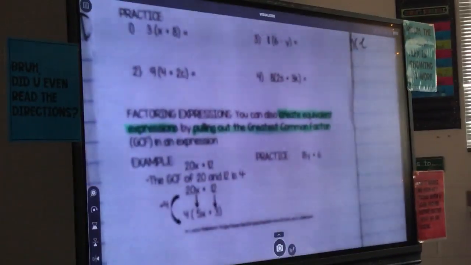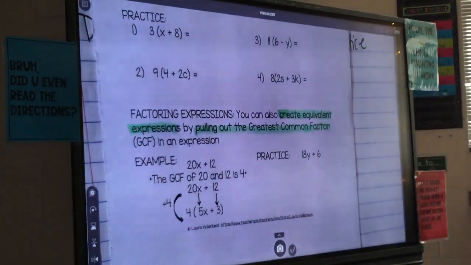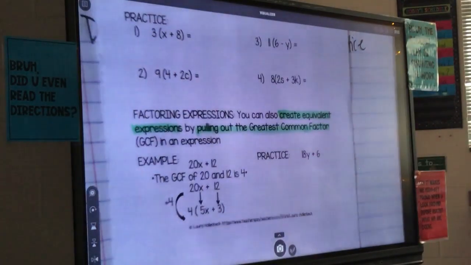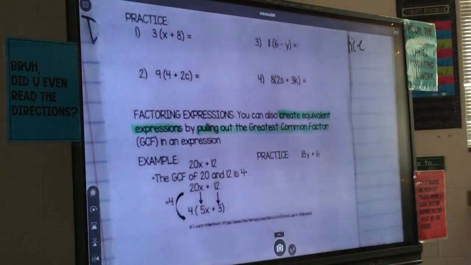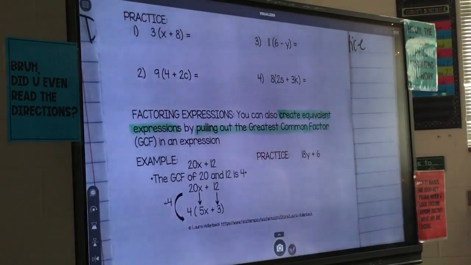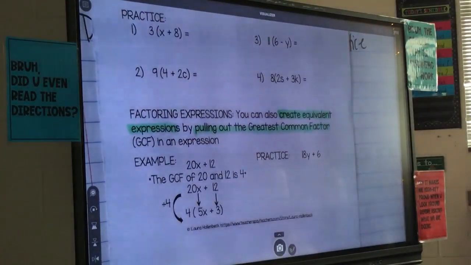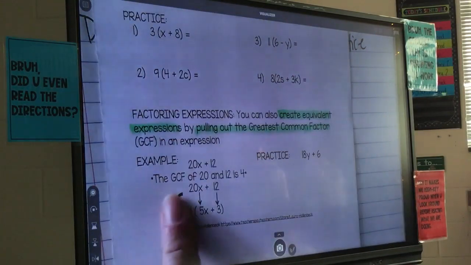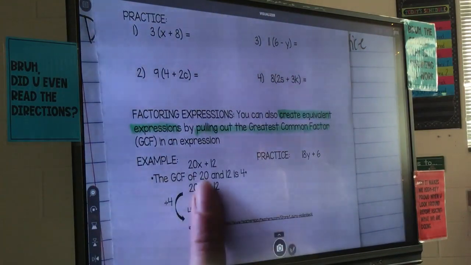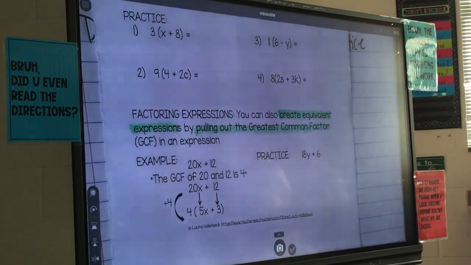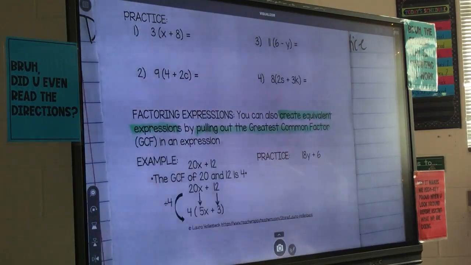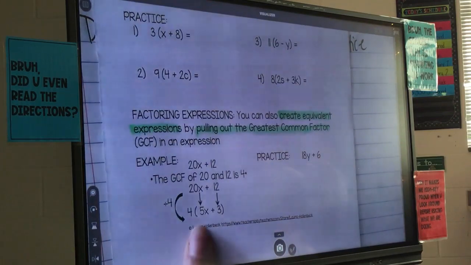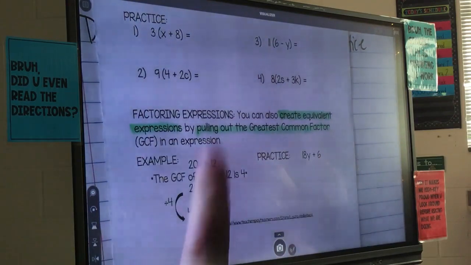You're going to need to know how to do this, and we go in depth one day specifically about using GCF, but I want you to be exposed to it. So here, their example is 20x plus 12. They found the GCF of both of those to be 4. You put your GCF on the outside, and you say to yourself, okay, what do I multiply 4 by to get 20? You multiply by 5. What do I multiply 4 by to get 12?